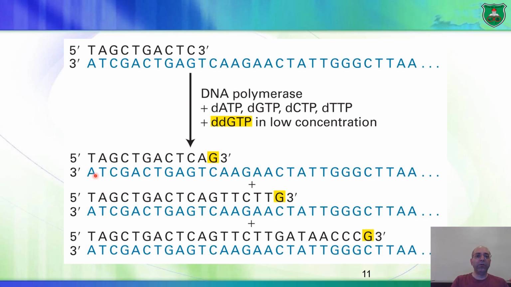All right, so here let's say that we start DNA synthesis, right? There's a C. So let's say that we have, let's say, 1,000 template molecules. So here's a C. Now the DNA polymerase has 2 choices. It either adds a deoxy G or a dideoxy G. Since the dideoxy G exists at low concentrations, let's say that it adds this dideoxy G to 100 molecules.